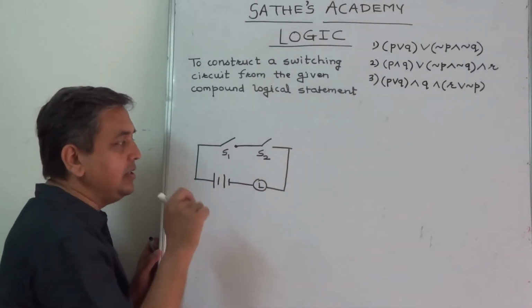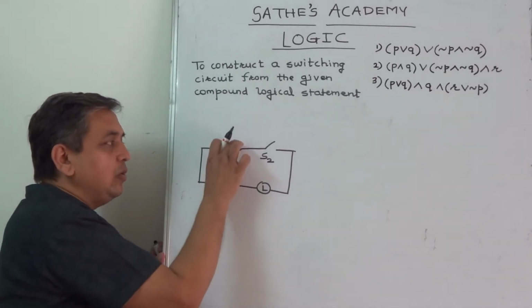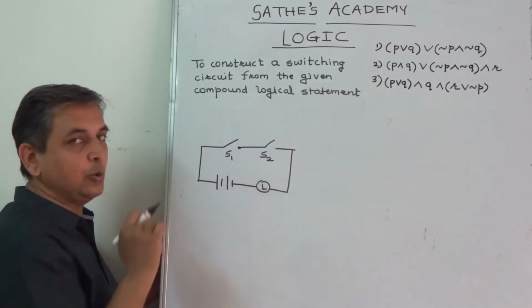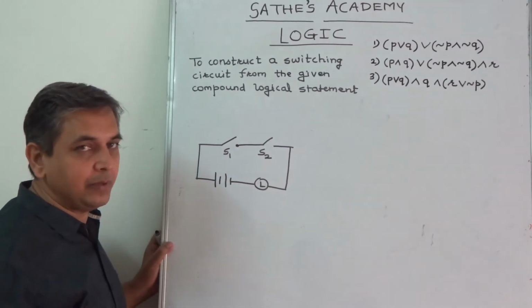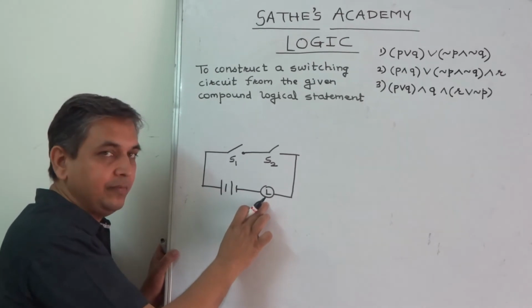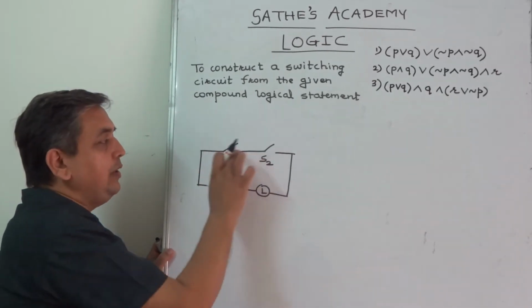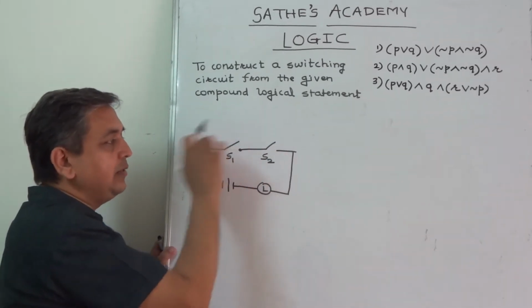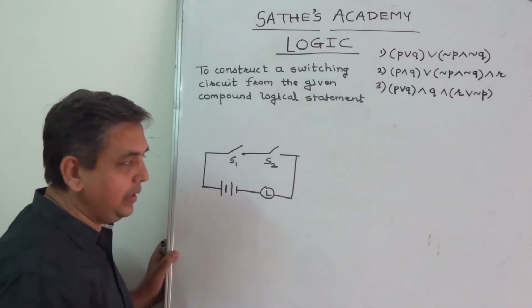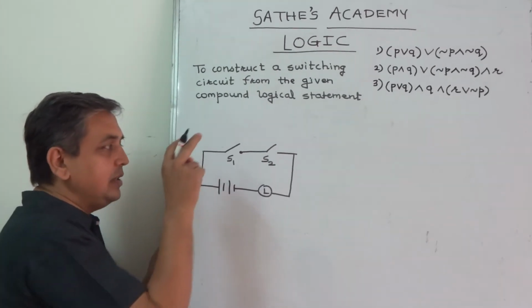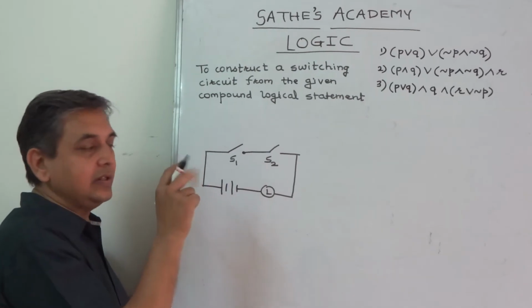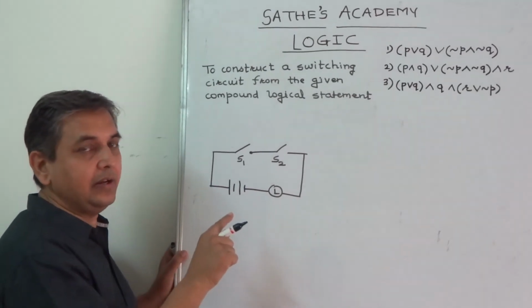Now if we close one switch, the other is open, the circuit will not be complete, there will be no light. If we close the second switch and the first is open, there will be no light. But if we close both the switches, then only there will be light.